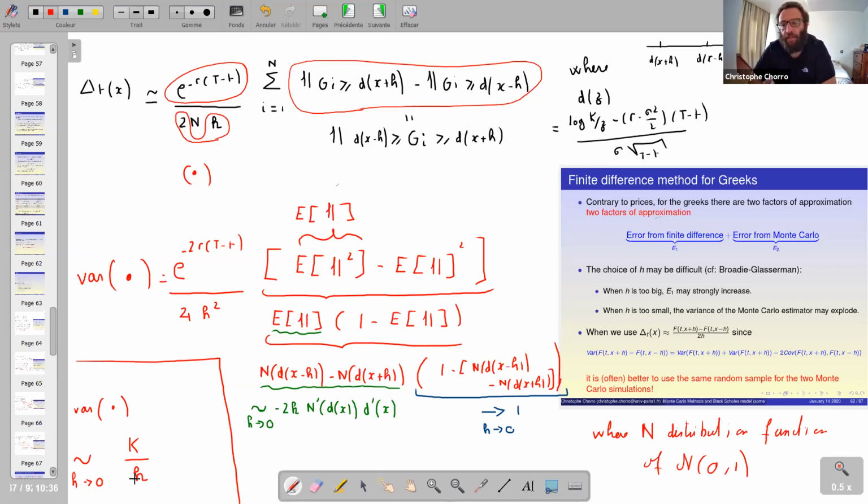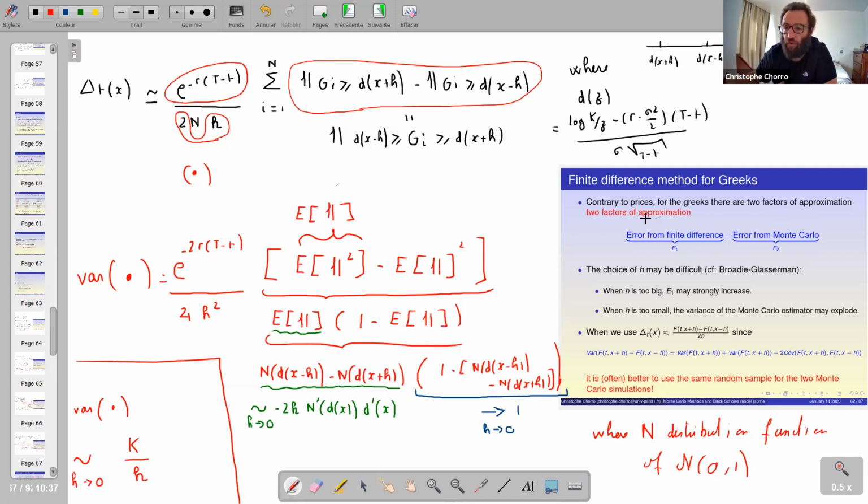Because when I approximate my delta in the two-step way, that is first using finite difference and then computing each term of the finite difference using Monte Carlo methods, I have two sources of approximation. If I want to control the error in the good way, I need to control this variance and I want it to be small. So I want this variance small if I want this Monte Carlo error term to be small.